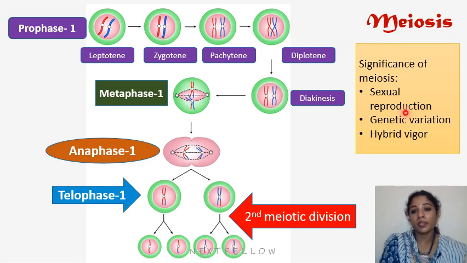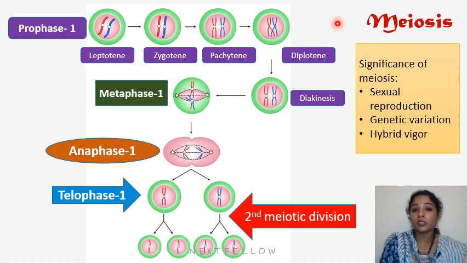The second is genetic variation. Because of random assortment of paternal and maternal chromosomes, and exchange of genetic material during crossing over in meiosis, the daughter cells, that is the gametes, have a new genetic configuration leading to genetic variation.